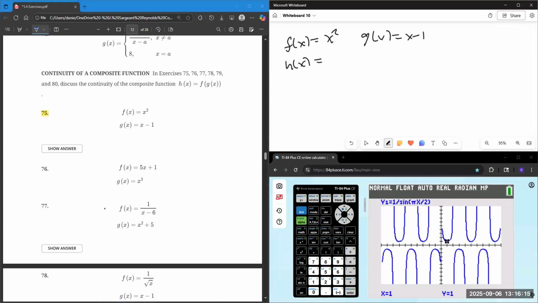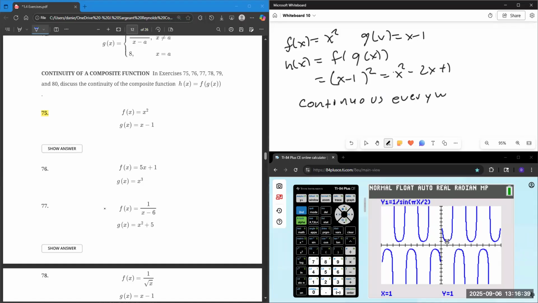So h of x is equal to f of g of x, which is some function squared. And that inner function is x minus 1, so it's x minus 1 squared, which is x squared minus 2x plus 1. And that's continuous everywhere. It's a polynomial function.